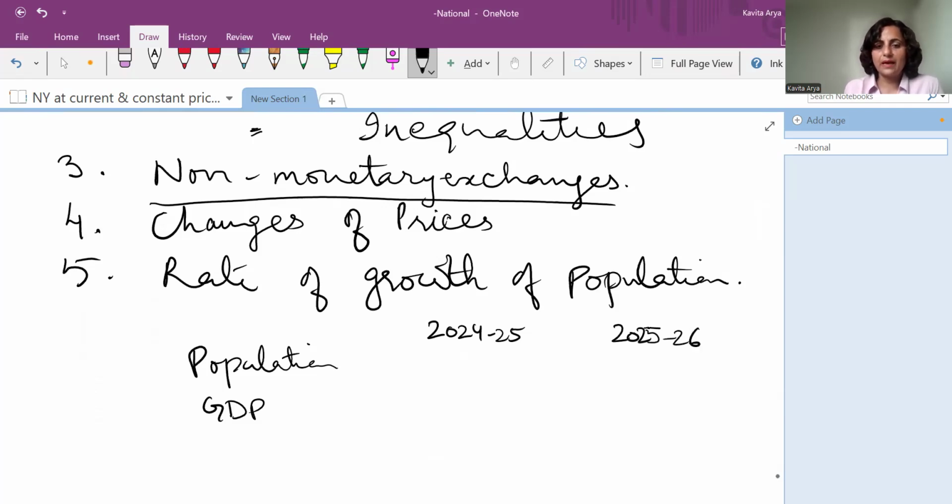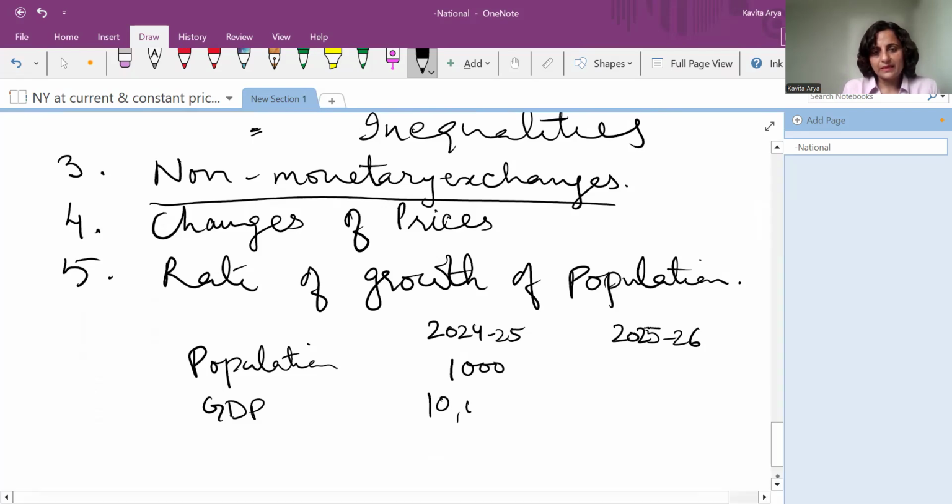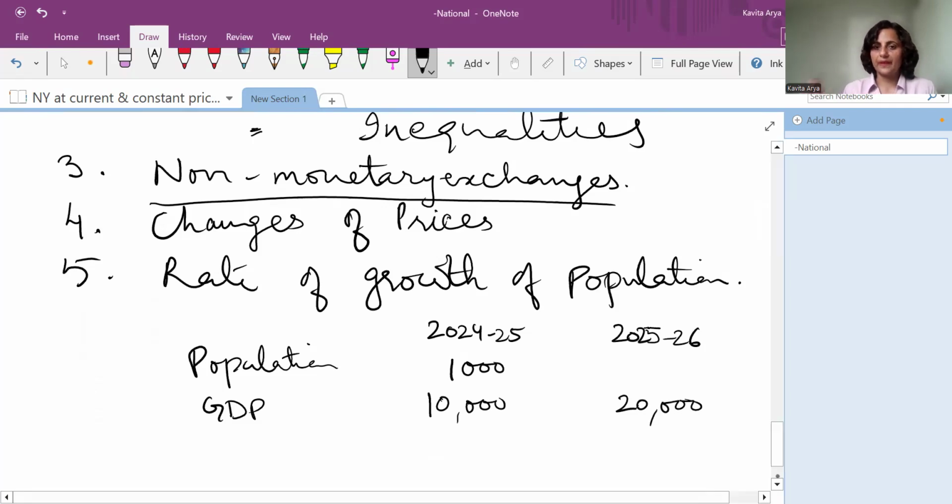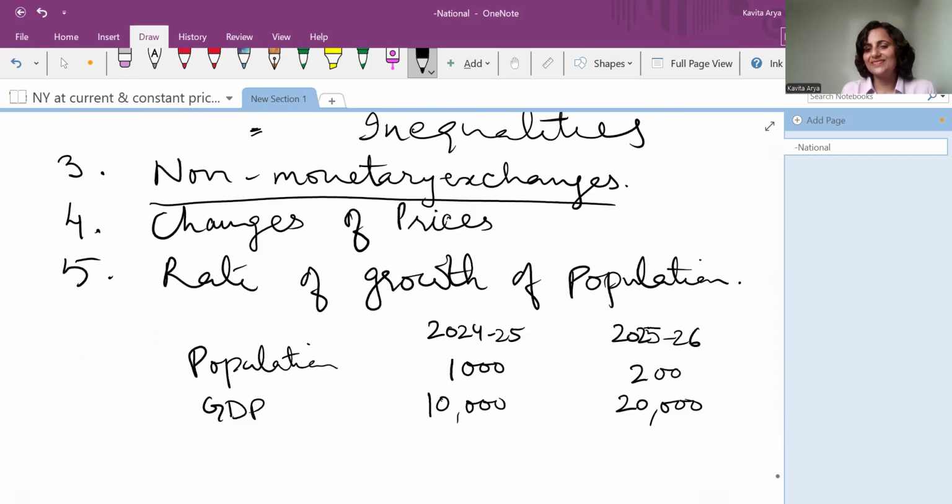Say the population is, I'm just taking fictitious figures, 1,000 units. You can put any value to it. And the GDP is 10,000 units. And if the next year the GDP has risen to, say, 20,000, double, and at the same time the population has also doubled. It's just a simple example with simple figures.